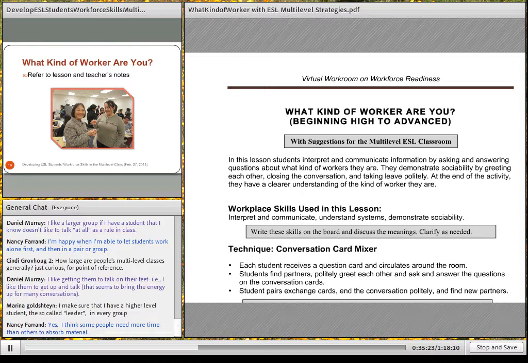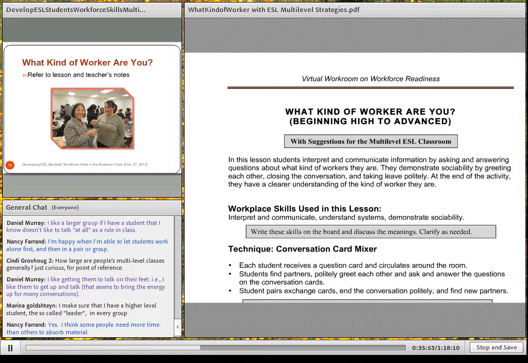Okay, what kind of worker are you? And here we are on the right with suggestions for the multi-level ESL class. Okay, so there's the general description of the skills. In this lesson, students interpret and communicate information by asking and answering questions about what kind of worker they are. And I found that my students were not very aware about what kind of worker they are.